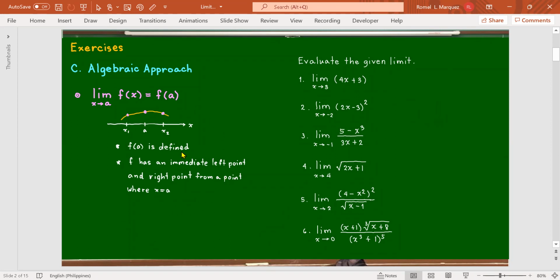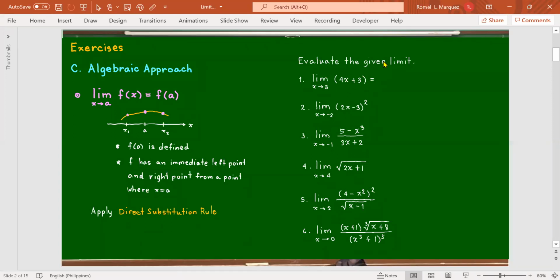By the way, if that is the case, you can apply the direct substitution rule, meaning you can just evaluate the function at x equals a. Clear, guys?